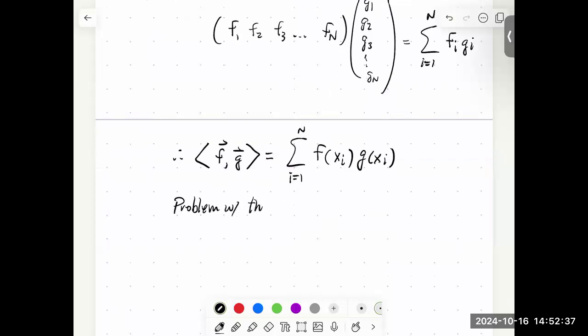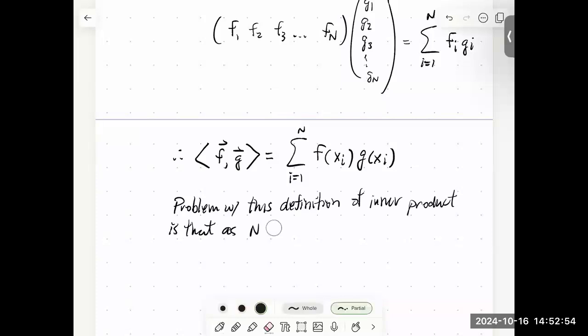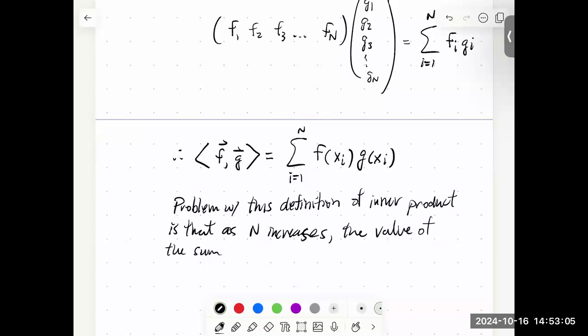Okay, so a problem with this definition of inner product is that as n increases, the value of the sum is not stable.